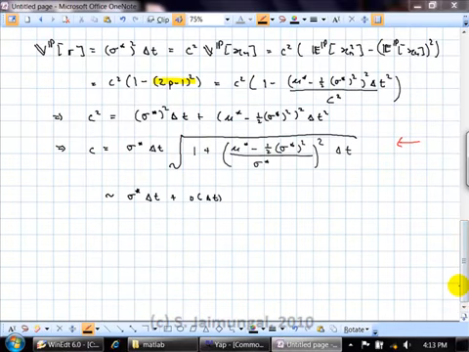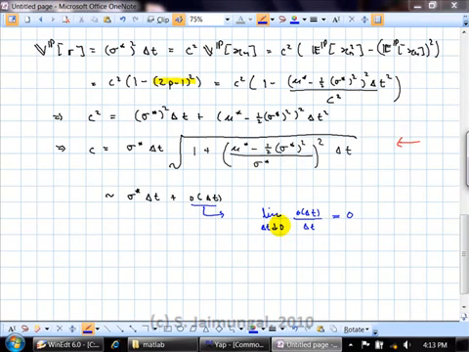Does everyone know the notation little o delta t? Let me remind you. This means that the limit of whatever is there divided by delta t equals 0.